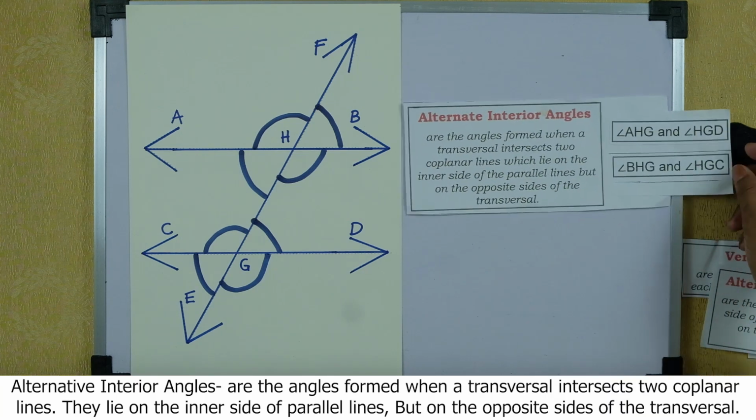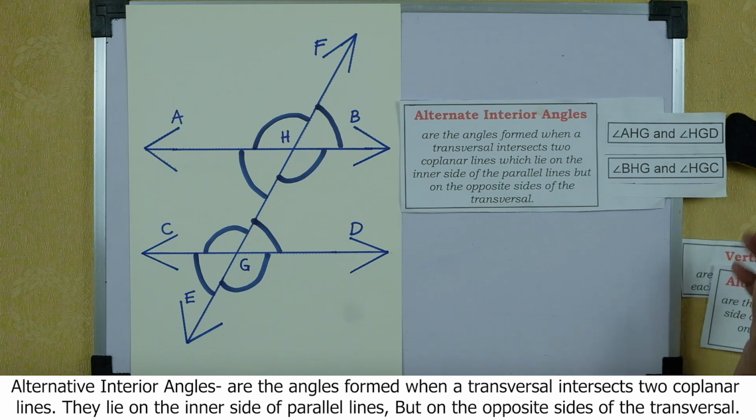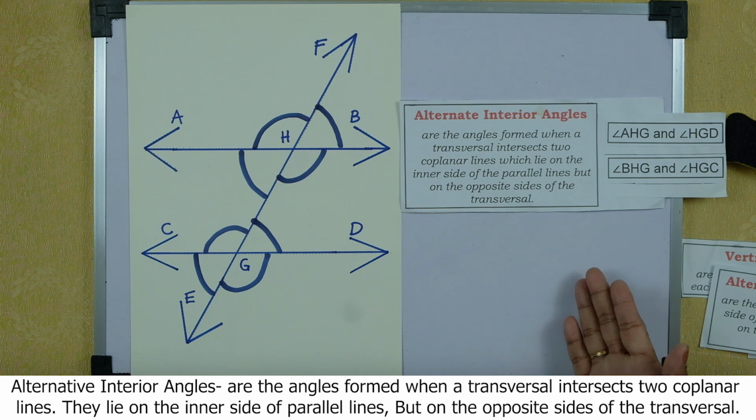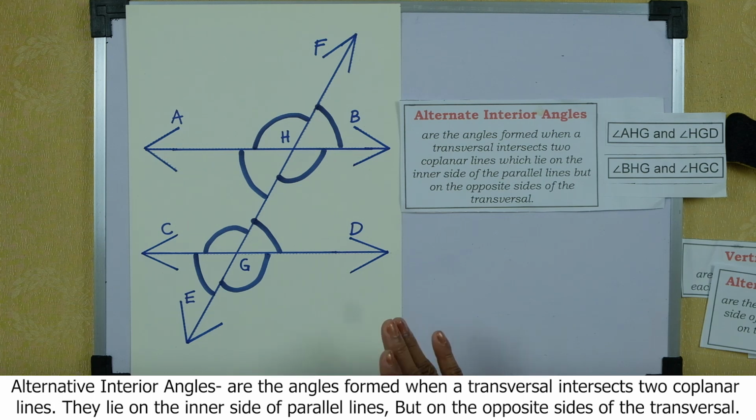Next, alternate interior angles. Alternate interior angles are the angles formed when a transversal intersects two coplanar lines, which lie on the inner side of the parallel lines but on the opposite sides of the transversal. So, the alternate interior angles from this given figure are the following.